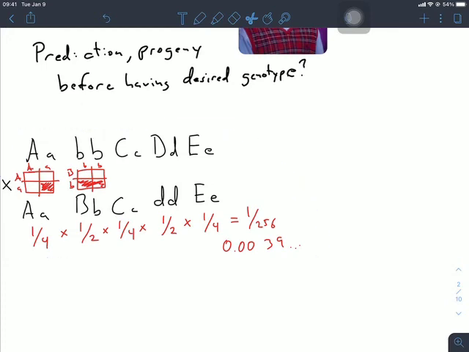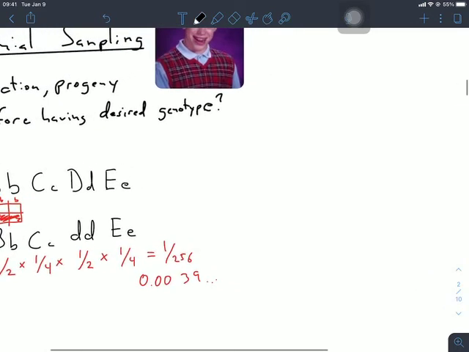So if we're looking at this question where you're expecting a ratio of 1 out of every 256, or 0.0039 extended, a ratio of progeny with the all lowercase genotype from this cross, we want to figure out how many progeny need to be born in order for this all lowercase genotype to be present with some confidence.